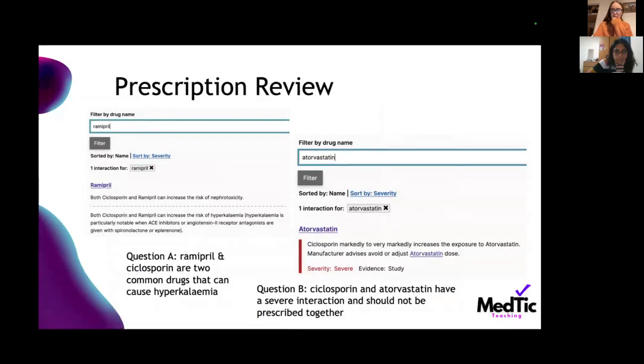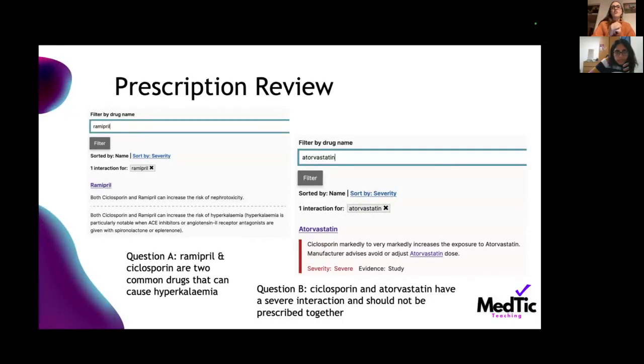Let me just find my slides here. So the approach you can use for question A is you can just learn common causes of the different electrolyte imbalances, and I'm going to go over a few acronyms on the next slide. I also use the BNF paper version, but obviously someone has told me in the chat that you're not allowed that this year. Then there's Julie's and/or method that you can use in the online BNF search function.